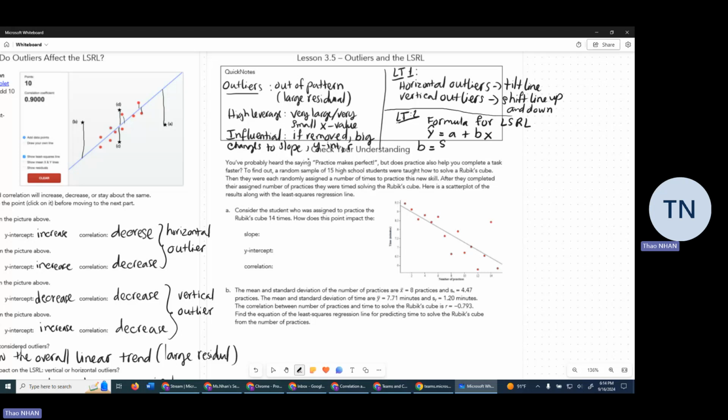Your b will be your correlation, which is r, multiplied by the standard deviation of y over the standard deviation of x. We can easily find these using a calculator as long as you have all y and all x, basically two sets of data. And then your a will be just the mean of y, subtract b multiplied by the mean of x. So after you get your b, you can use it to get your a, and then you will be able to get your least squares regression line.